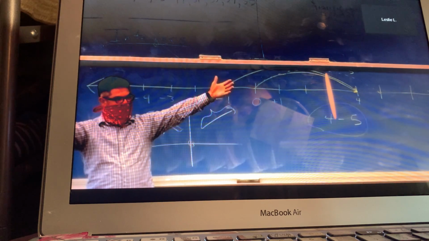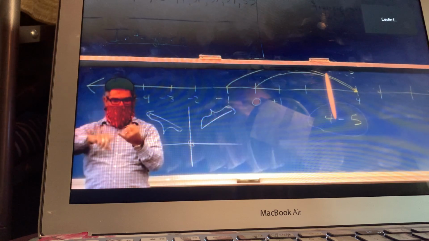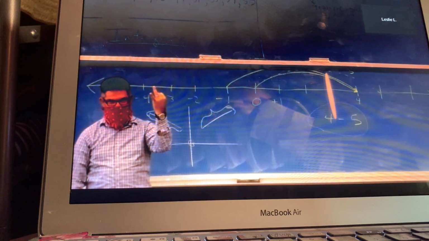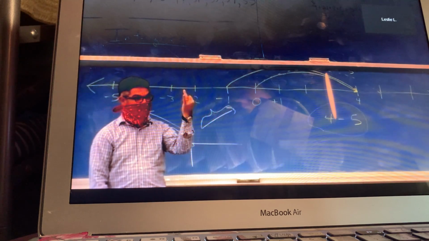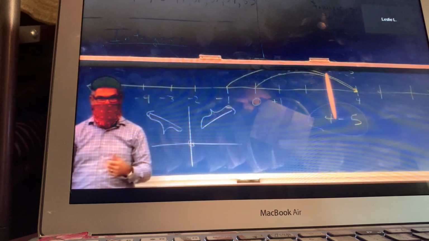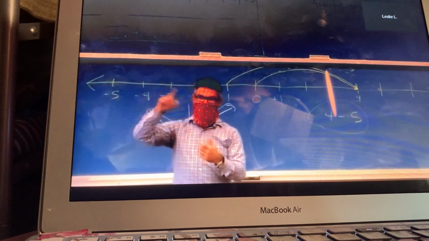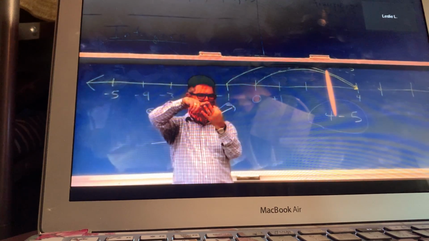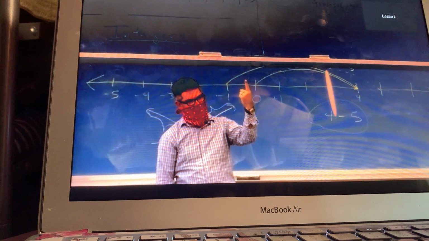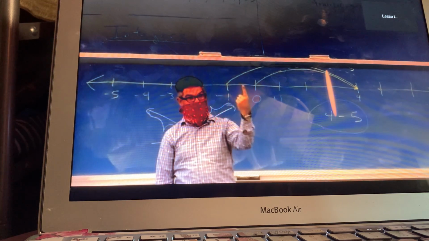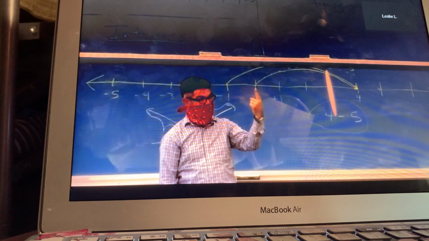Is that okay? So for whole numbers, addition and multiplication were just fine. Division was off limits, right? Division was not closed, and subtraction was not closed. If integers give me closure of subtraction, what's going to give me closure of division? Fractions. Is that okay?